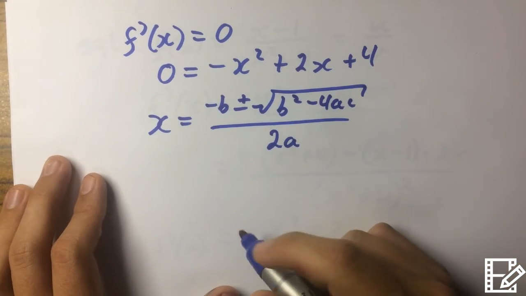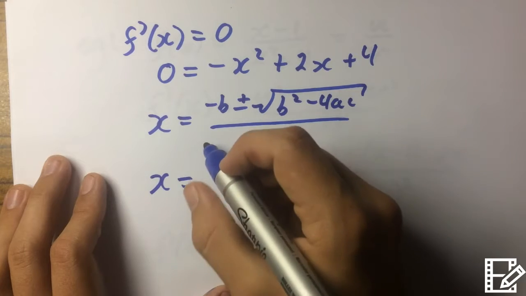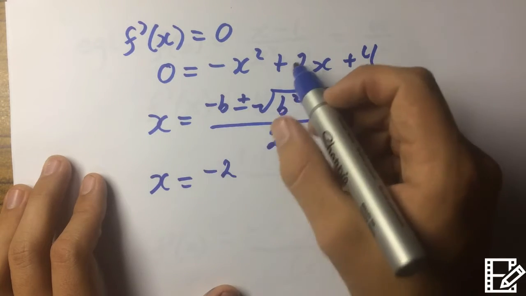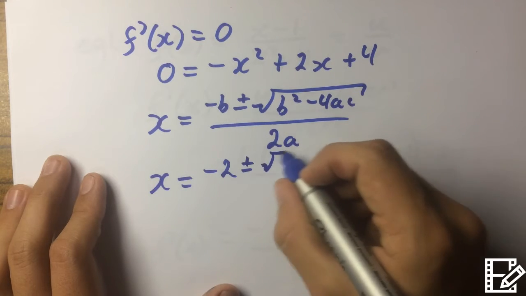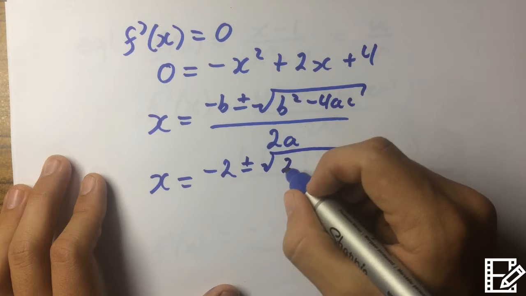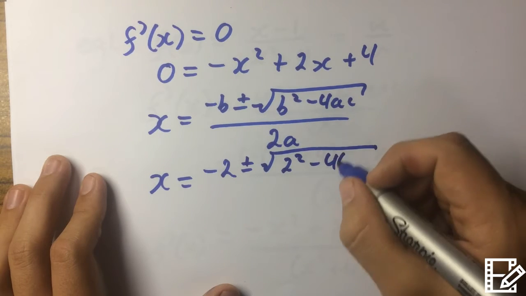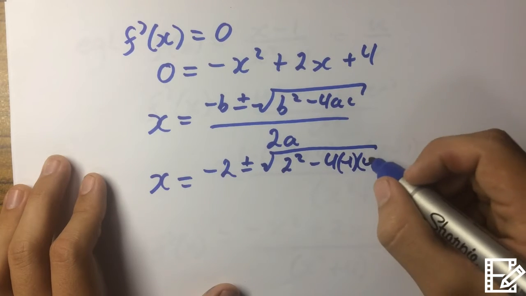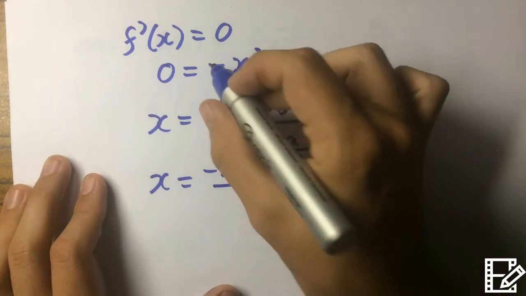I have it on the tip of my tongue. But anyway, we're going to find the x values. So we're going to sub in negative 2, because b is 2 and it's negative b, so it's negative 2, plus or minus the square root of b squared, 2 squared, minus 4ac, which means 4 multiplied by negative 1 multiplied by c, which is 4, all over 2 multiplied by negative 1.